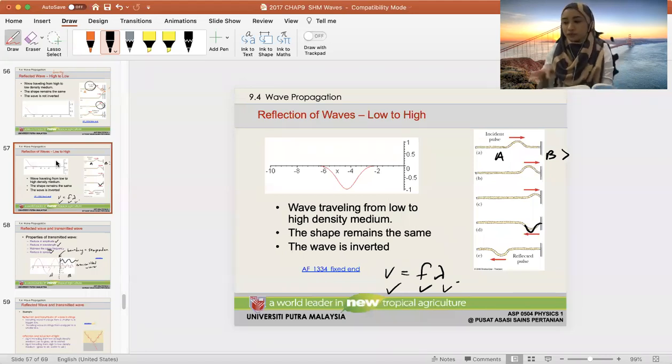Kalau yang menyebabkan pelembapan tu hanya friction, so pelembapan mengikut kadar friction tu lah, mengikut energy yang lost to friction. Kalau friction tu 10 Newton, so dia akan kurang 10 Newton.